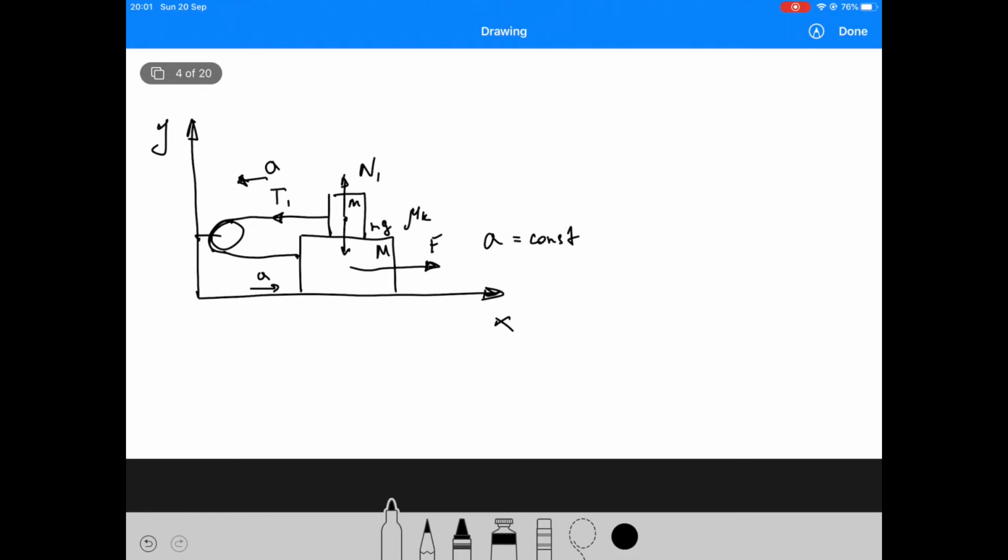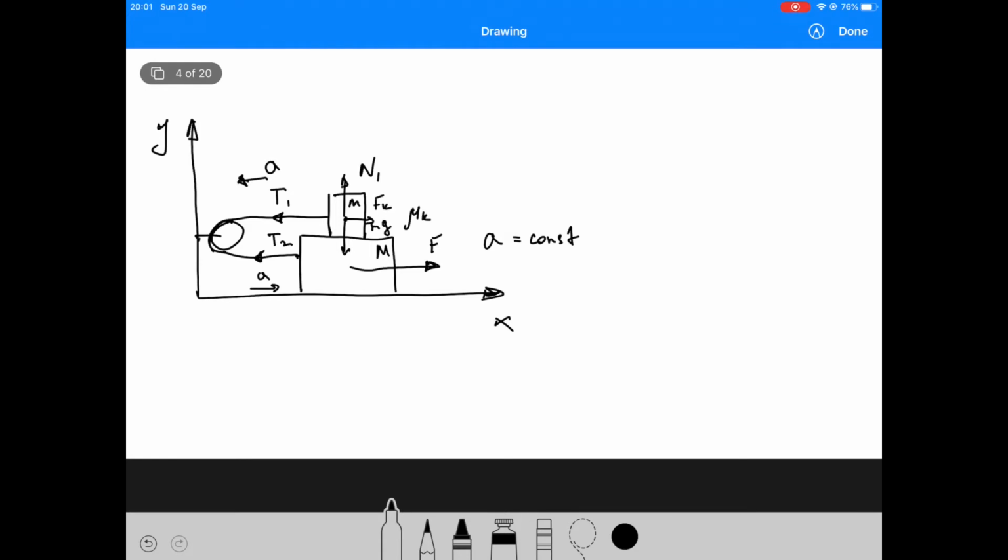So obviously we have tension also here in this rope. It's T2, and also we have friction, kinetic friction.